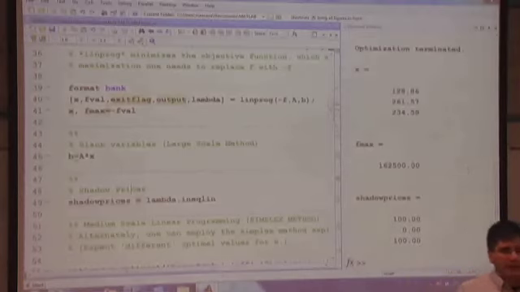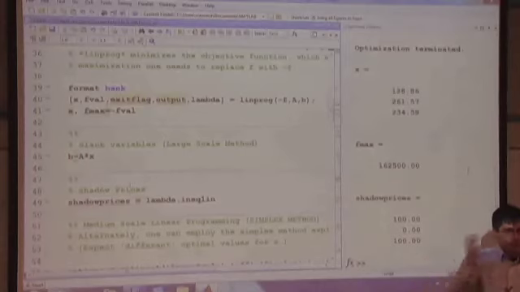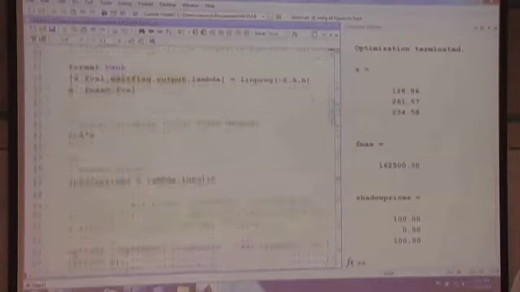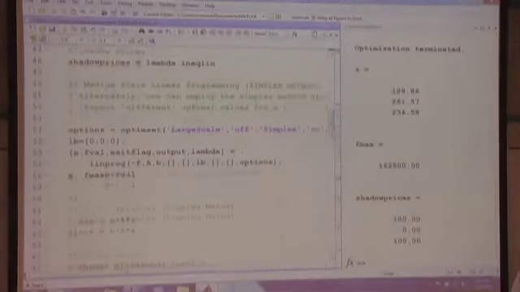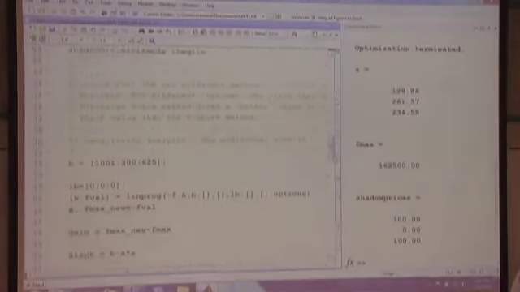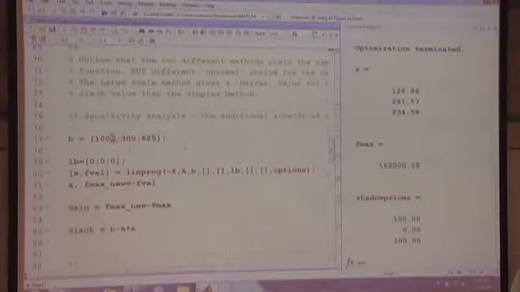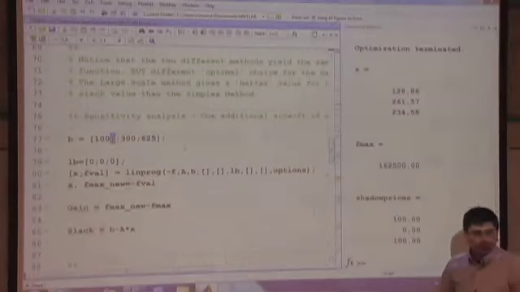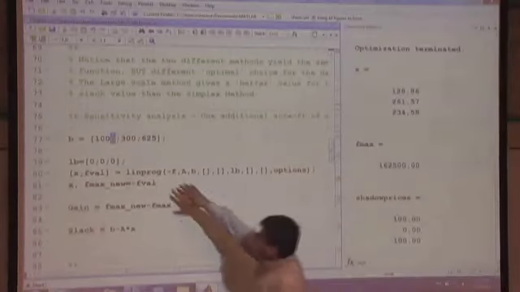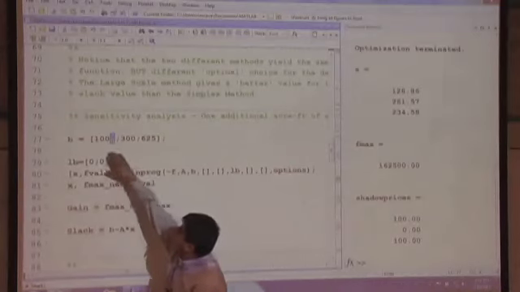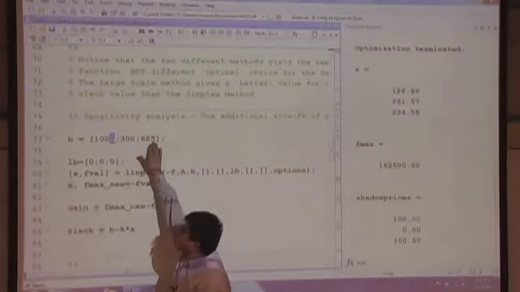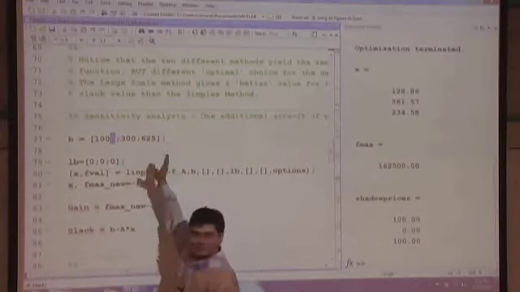Again, if I allow one more acre and redo the whole optimization, what's going to happen? You can convince yourselves of this with sensitivity analysis. So you run this with 1001, 300, 625.